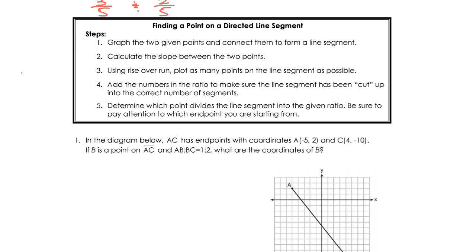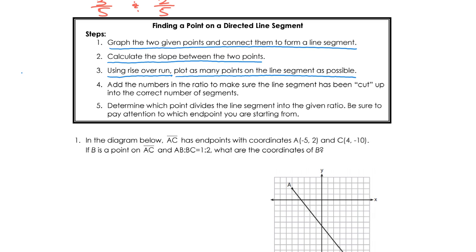But slope, when we do rise over run, cuts our line segment into usually the right number of points or parts. And so we are going to go ahead and graph the 2 given points and connect them to form our line segment. We're going to calculate the slope between the 2 points. We're going to use rise over run to cut our line segment into a bunch of different points, as many as possible.